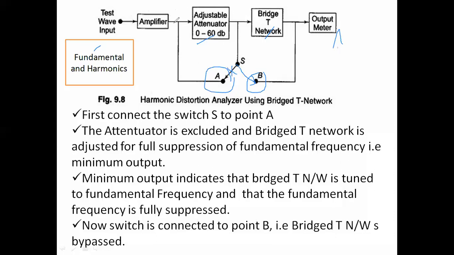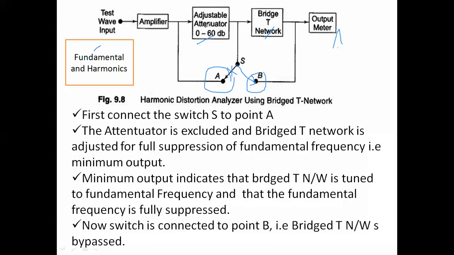So the signal moves through the adjustable attenuator, and it will move through the shortest path. The signal will move in this case through point B, and the bridge T network is excluded. So in such a situation, what happens? This attenuator is adjustable.